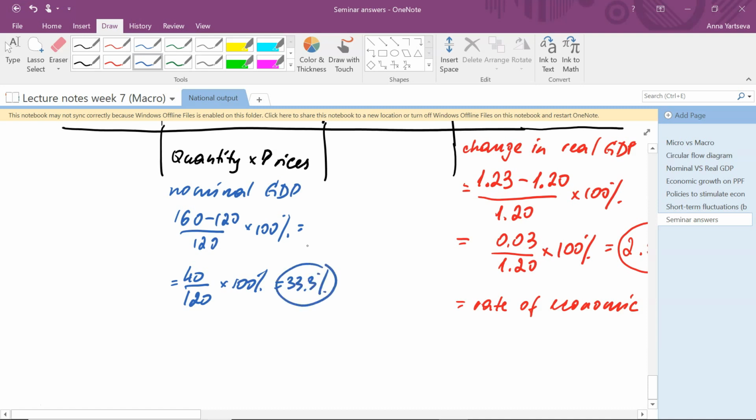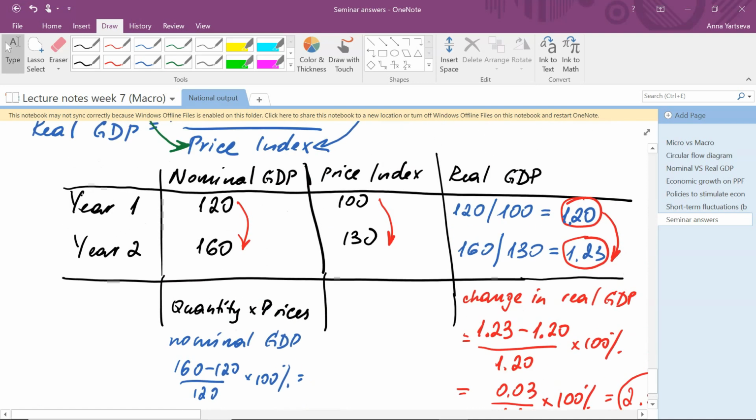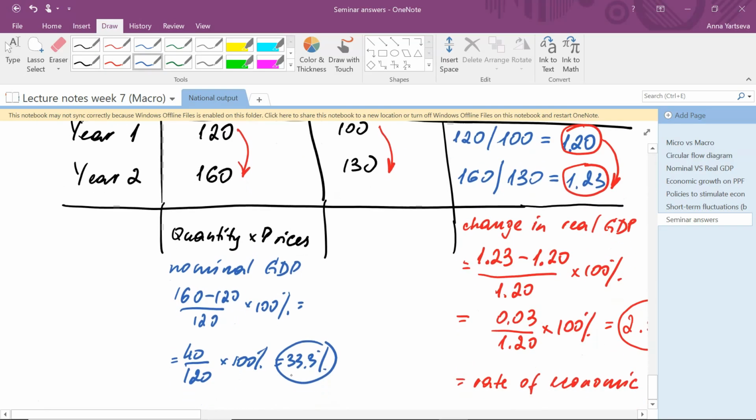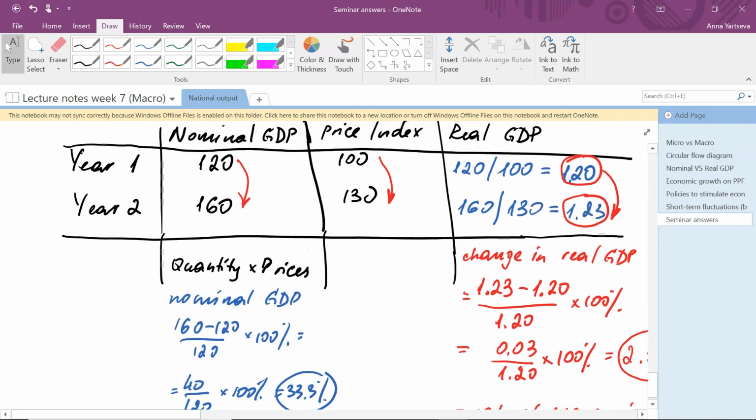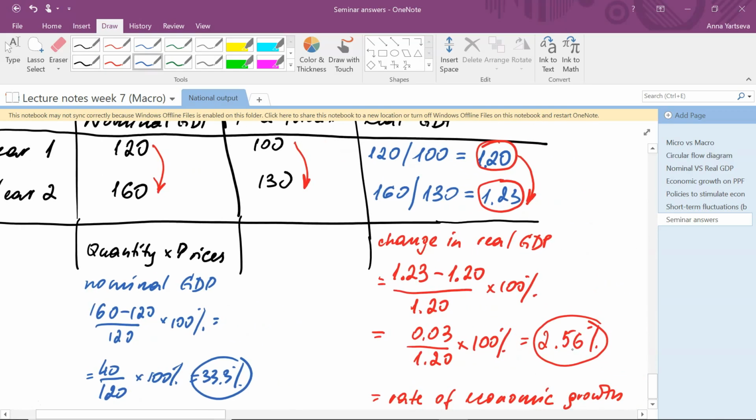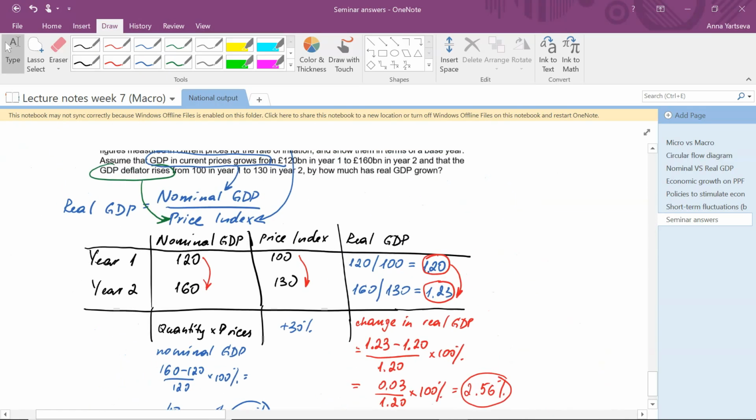So if you try to present these figures demonstrating an increase in GDP by 33%, this will be totally wrong because the true growth is actually 2.5%. And the majority of this large increase came from the increase in prices. Prices have increased by 30% during this period. And this is what pushed the value of your desks or whatever you produce up, not the increase in real production. The real production has only increased by 2.5%.